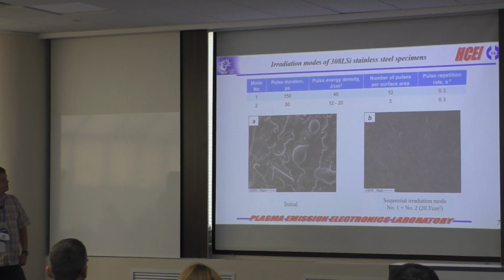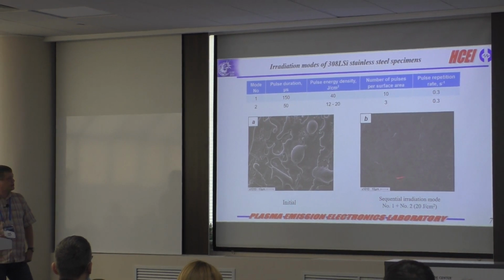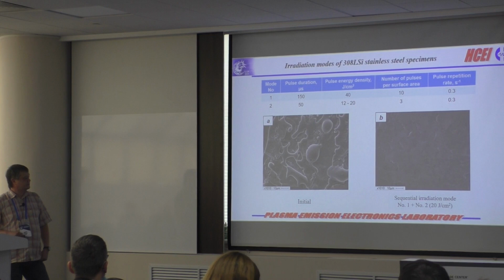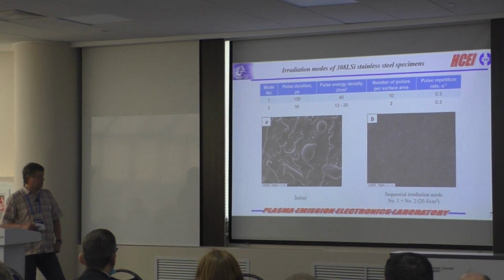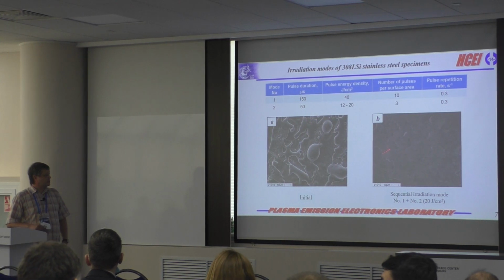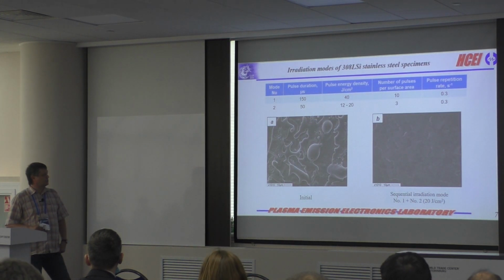After treatment in sequential irradiation mode, the surface looks like a polycrystalline structure without cracks and droplets, and it's very homogeneous.